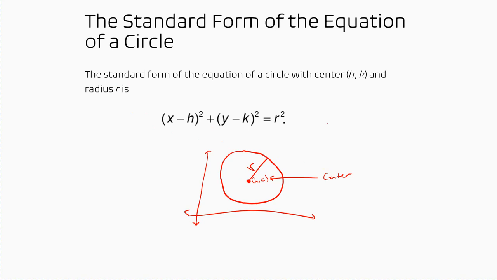To find the standard form of the equation, this is important, you need to know the center point and the radius. That's it. That's all you need to know. Then the equation would be (x minus h) squared plus (y minus k) squared is equal to r squared. Just remember, h and k are the center, and r here is the radius.